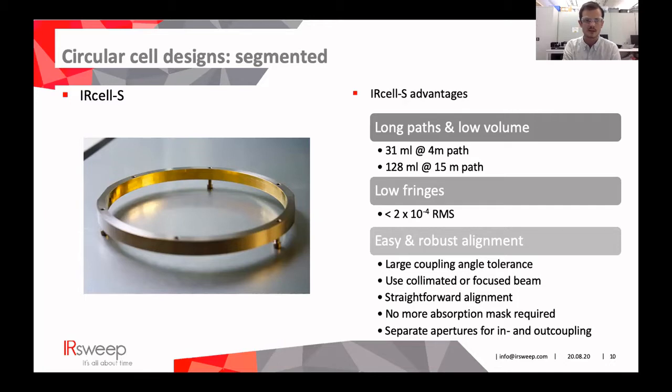At the same time, we introduced separate apertures for coupling in and coupling out, so that you can place your components for coupling in and coupling out on opposite sides of the cell, to make the design of the setup or the instrument a bit easier. Because the coupling angles are almost normal, you would otherwise have to place these components quite close to one another, and this is relaxed with the second aperture.